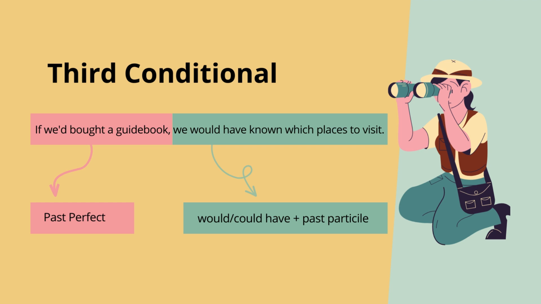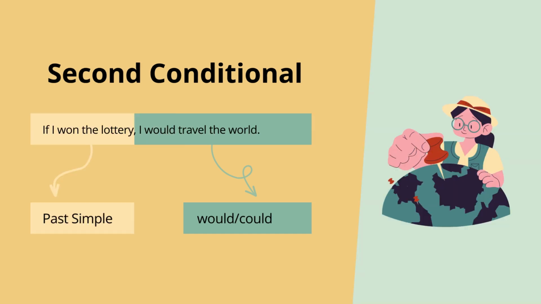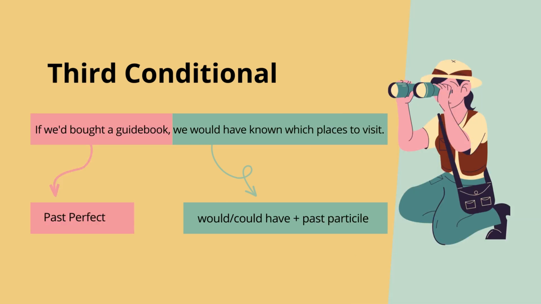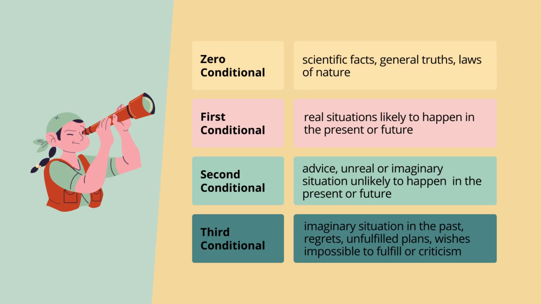So in the second conditional we used the word would, and now in the third conditional we have placed the word have with would, including the past participle. So past perfect, then would or could have plus past participle.